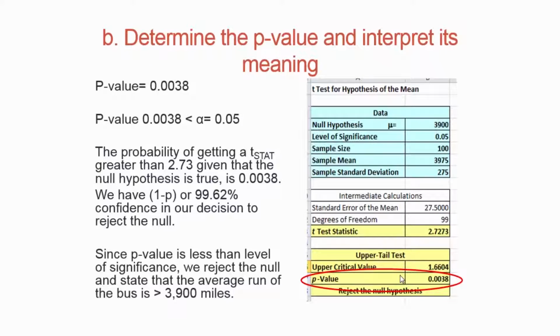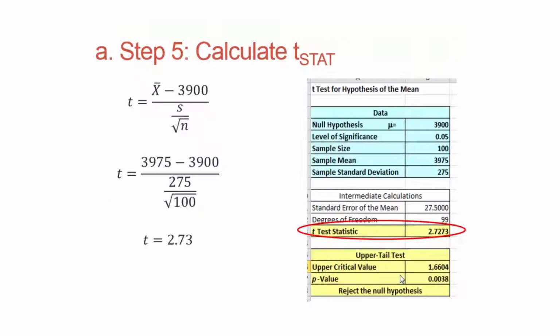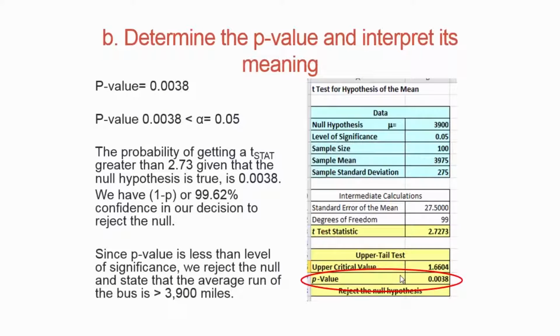Then it asked me for the p-value in part B, and what does that mean? Well, the p-value, the best way to find that if I'm doing a t problem, I can only estimate that based on a table. So if I use PHStat, it'll tell me exactly what the number is, 0.0038. If that's my p-value, then it is less than 0.05. It's going to cause me to reject the null, which is what I decided.